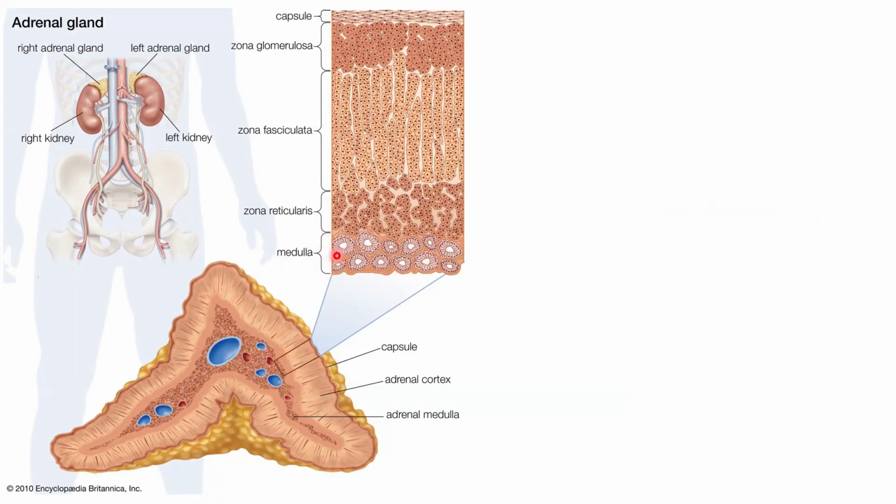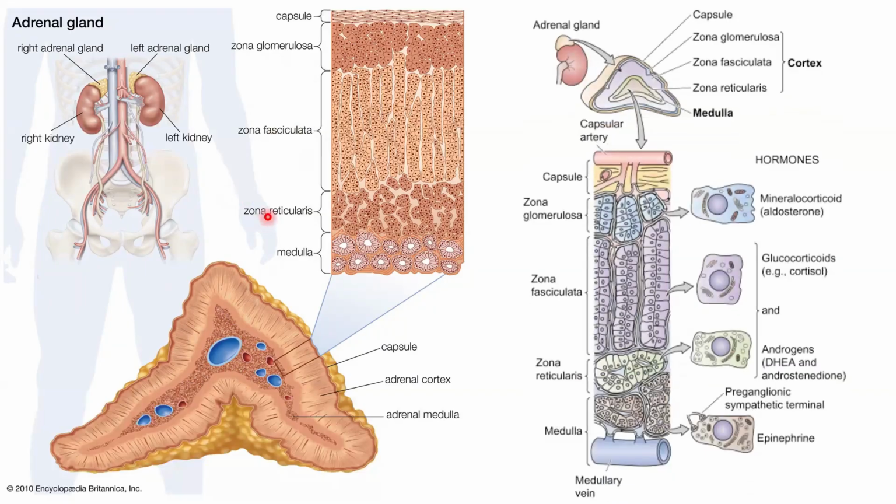So in an exam setting, you may be told to describe the histological organization of the adrenal gland. You will be expected to talk about how it has two major layers: the adrenal cortex and the adrenal medulla. The adrenal cortex has three zones: zona glomerulosa, zona fasciculata, and zona reticularis. So why do we need to learn about these layers?